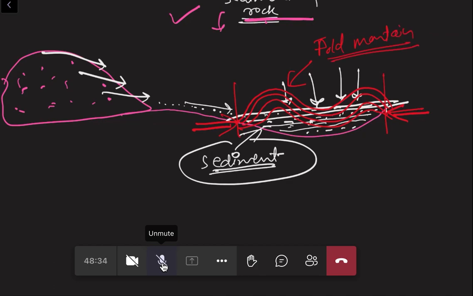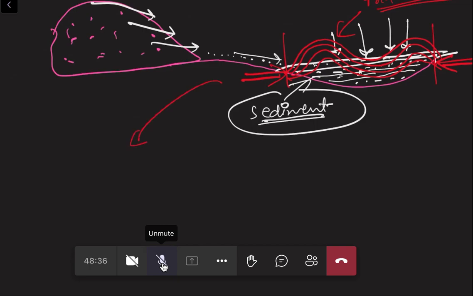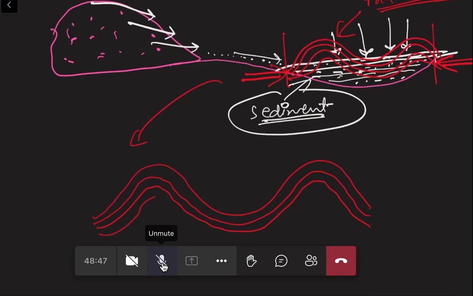Okay, clear? So if you draw here, these are fold mountains. These fold mountains have their own bedded rock structures. Different rocks are there. You may find fossils here, because we said these rocks are fossiliferous.